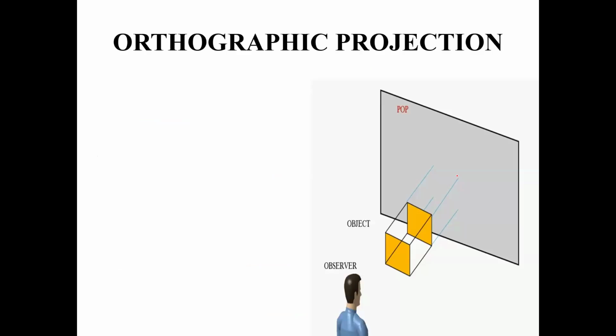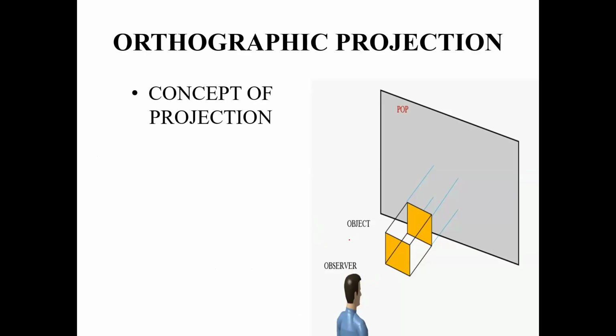Now, before learning the concept of orthographic projection, let us look at the concept of projection as a general topic. Let us try to understand what projection is, and some basic terminologies associated with projection.